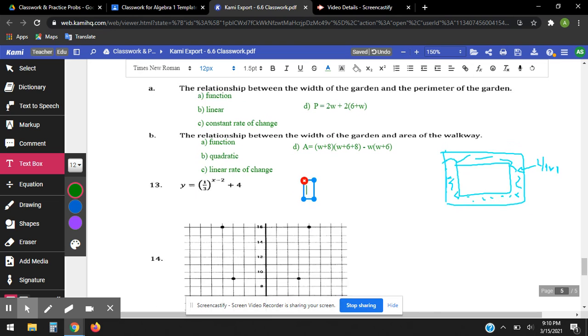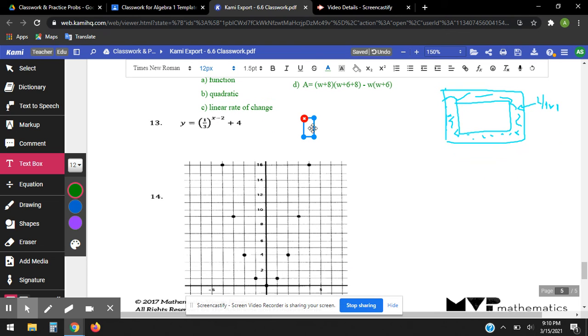All right, 13. For this one, I have an exponent. And so that means, one, we know this would be a function. Two, B, it is exponential because we have the variable as an exponent.